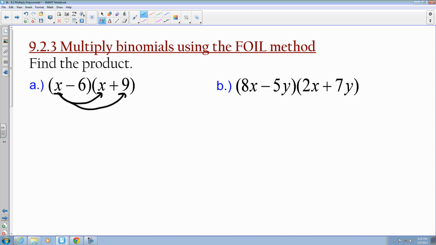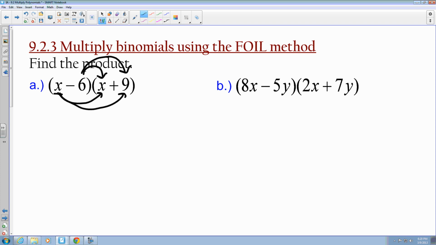Then you're going to take the second value inside that first parenthesis and multiply it by this value and this value. It's very similar to what we did in those previous examples, except you're just not attaching them each to a different parenthesis.